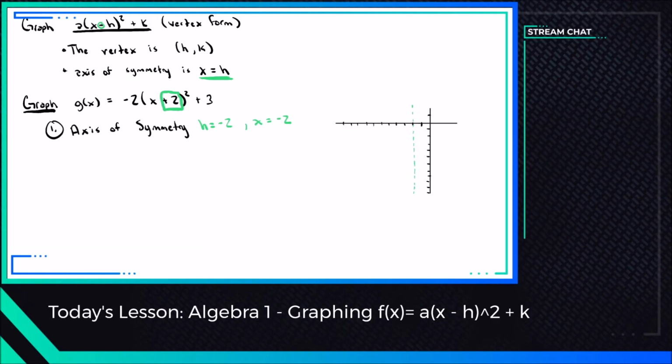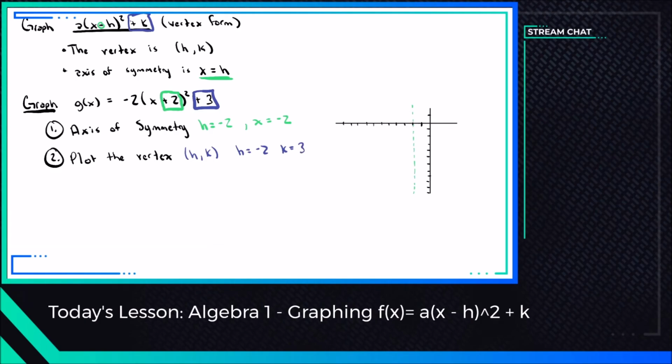Step number 2, we are going to go ahead and plot the vertex. And we know the vertex is equal to h comma k, and h is equal to a negative 2. Normally k is right here, and k is given to us as a plus form, so k is just going to equal plus 3.